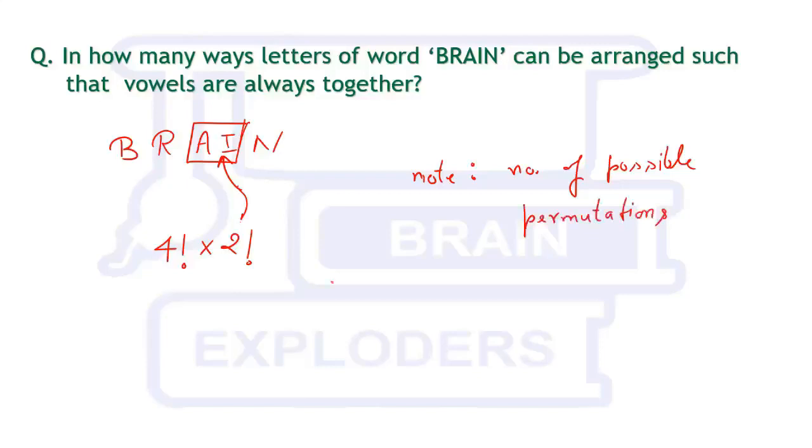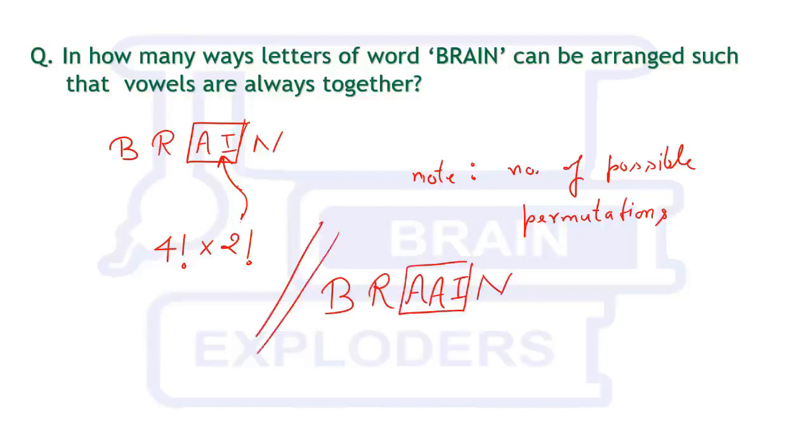Suppose there were 2 A's, then in total there are 3 vowels. So what is the number of ways? The number of ways will become 4 factorial multiplied by 3 factorial over 2 factorial. Why? Because possible permutations inside the box are 3 factorial over 2 factorial.